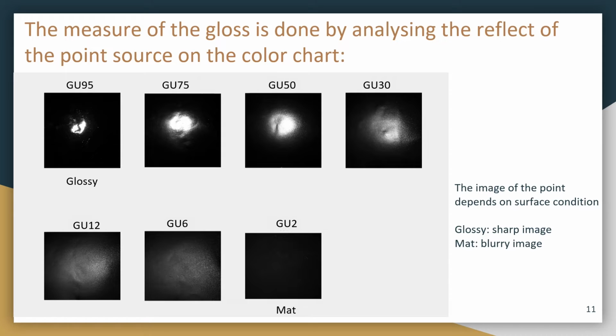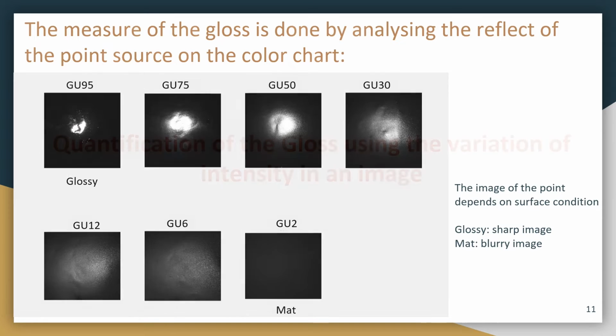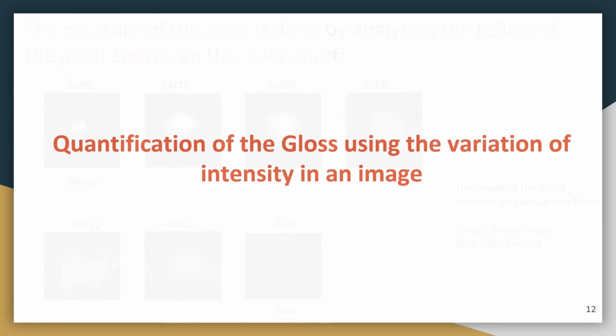So, here are the results we obtain. We have a sharp image when this is a glossy surface, for example here, and a blurry image when it is a matte surface, for example, here. So we can quantify the gloss variation by spotting the variation of the intensity in the image.